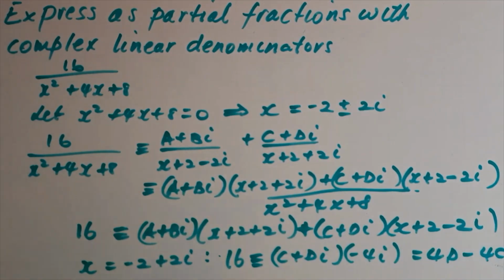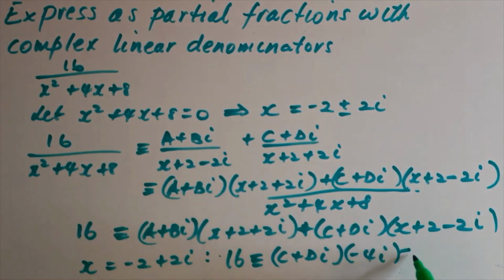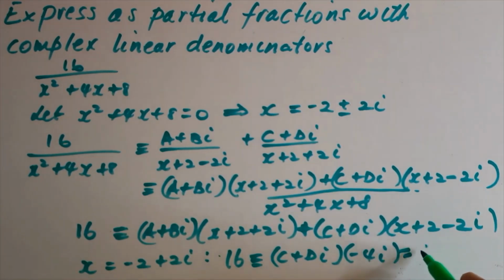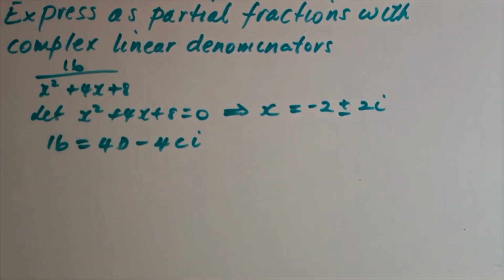Oops, let's rewrite that. Equal to 4d - 4ci. So this is the last line we're left with: 16 = 4d - 4ci.